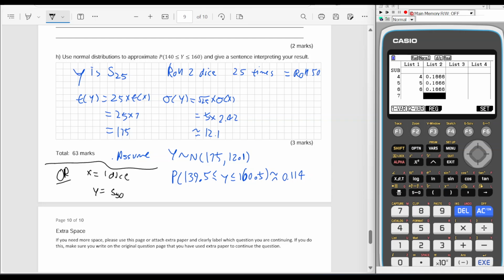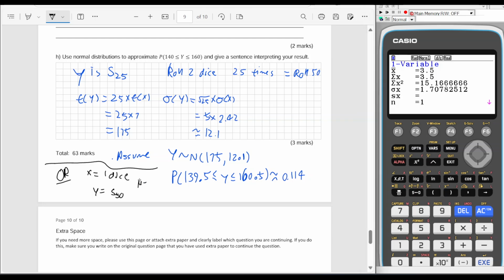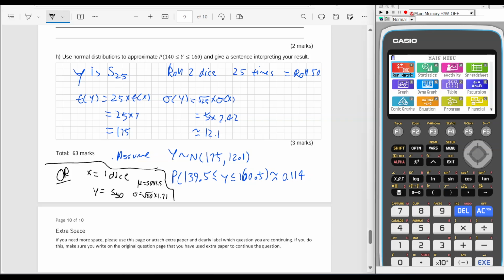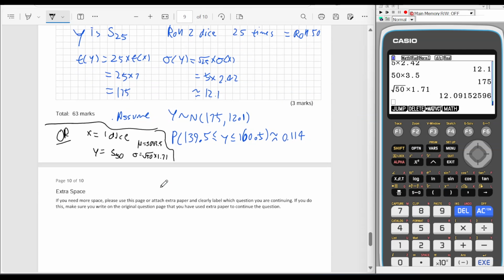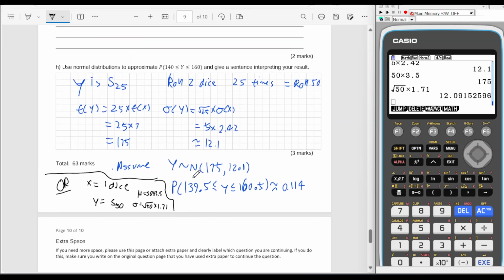And then if I calculate my mean, it's 3.5. So the mean is 50 times 3.5, and the standard deviation is root 50 times 1.71. If you work out what those numbers are, 50 times 3.5 is 175, that's the same mean we got there. And root 50 times the standard deviation for 1 dice, 1.71, should give you the 12.1 value that we got before. So that's another way that you could do that question.